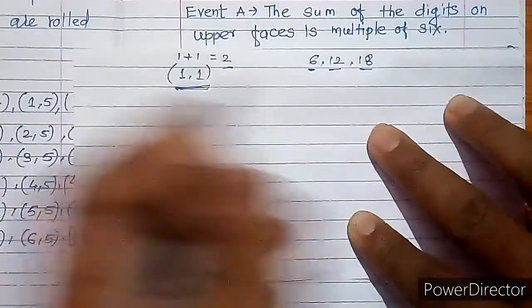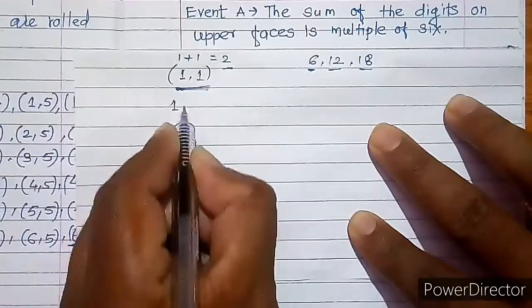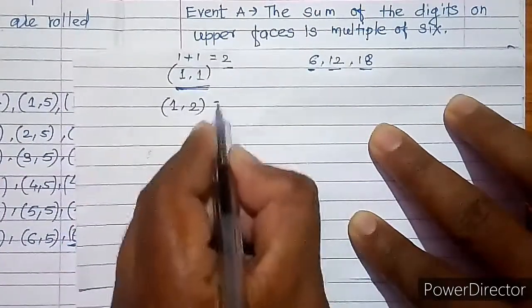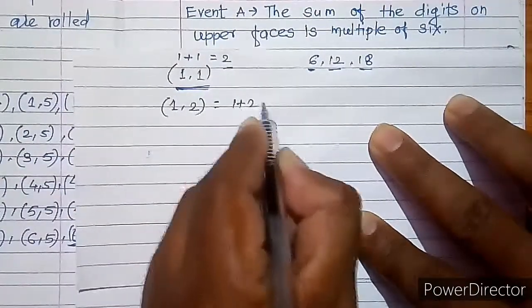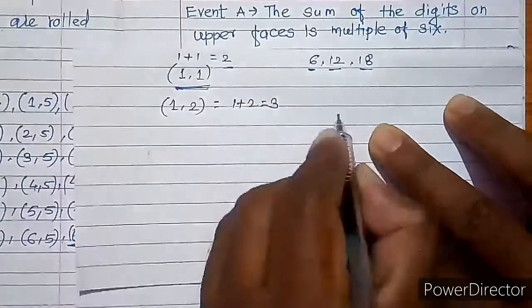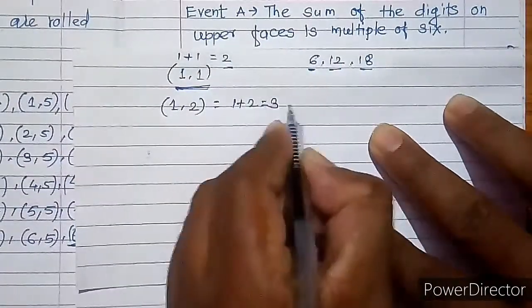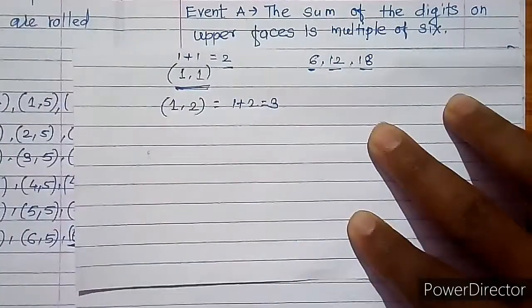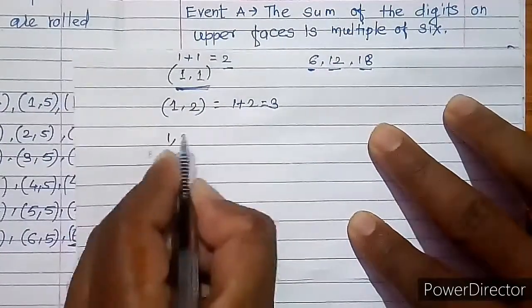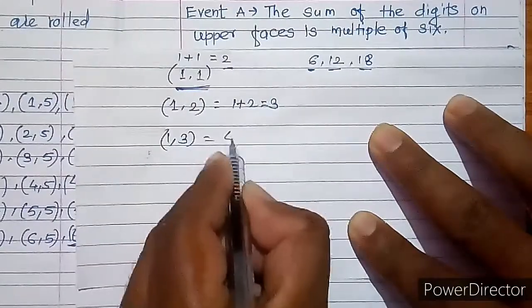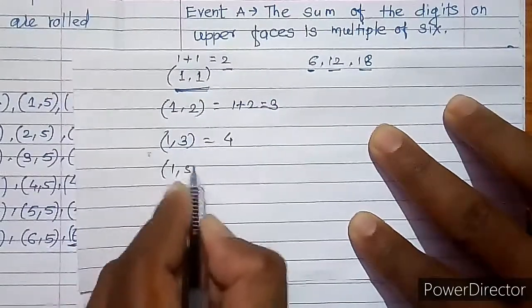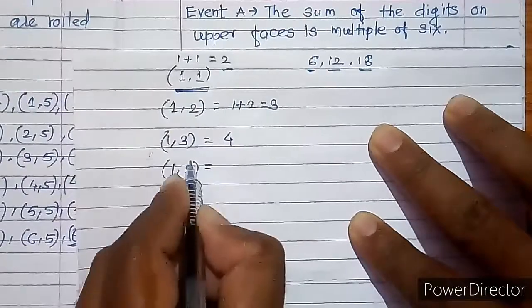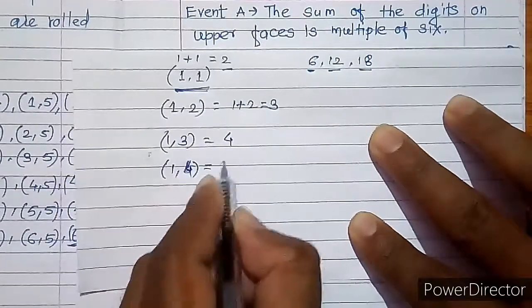Now take the next outcome, that is 1, 2. The sum of the digits is 1 plus 2 equals 3. It is not a multiple of 6 because the result should be 6, 12 or 18. Likewise the next entry is 1, 3. The sum is 4. Next is 1, 4. The sum of the digits is 5.